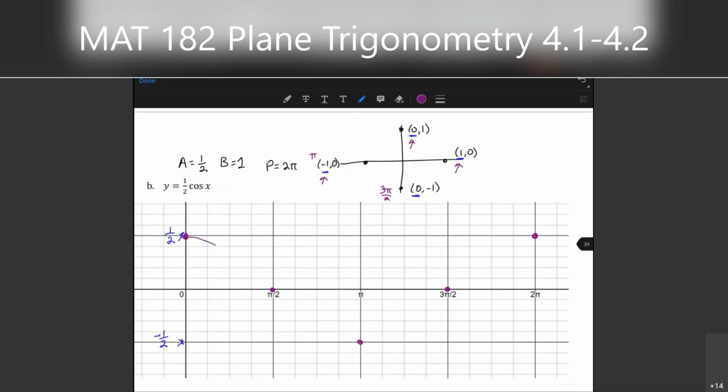So bringing this together as a graph, we'll have a graph looking like this. When we think about cosine functions in general, we always start at the amplitude, or we start at the maximum or minimum.